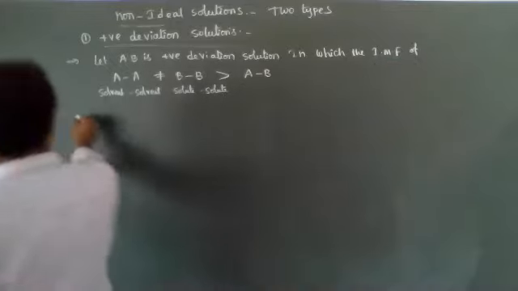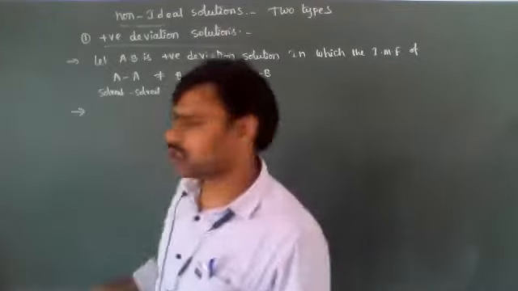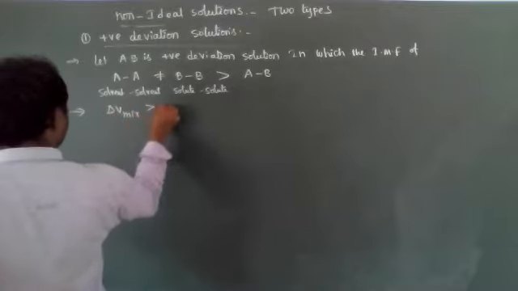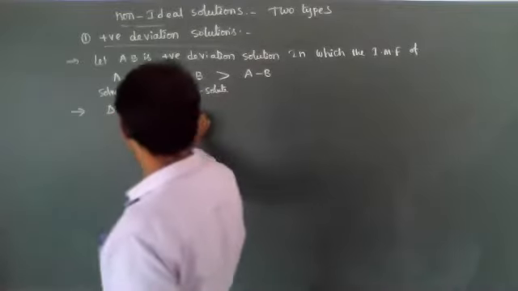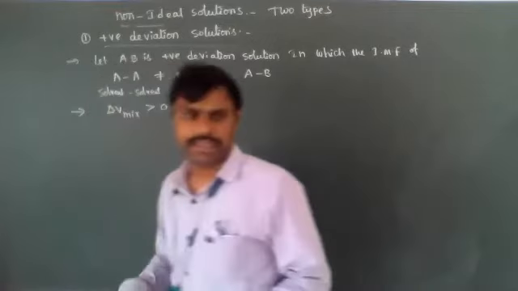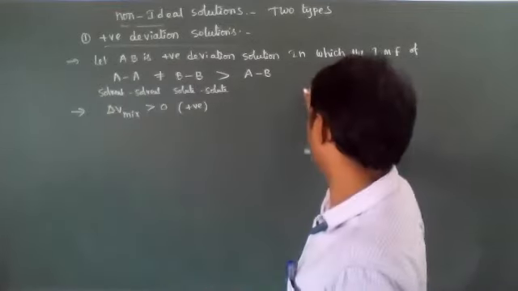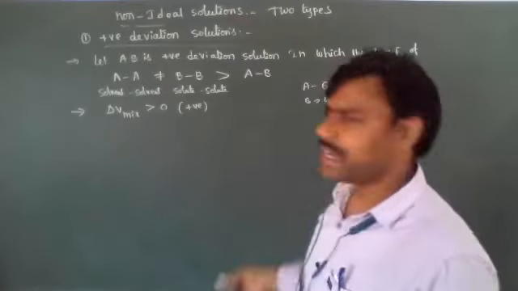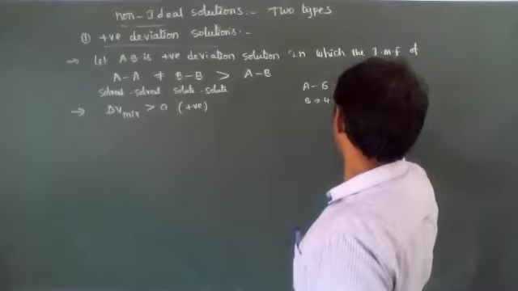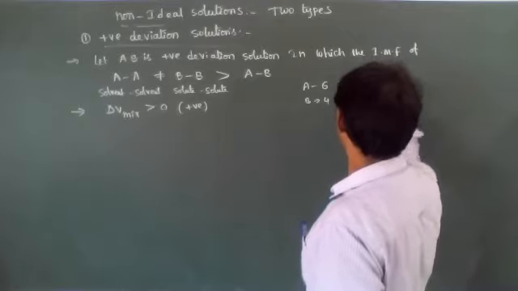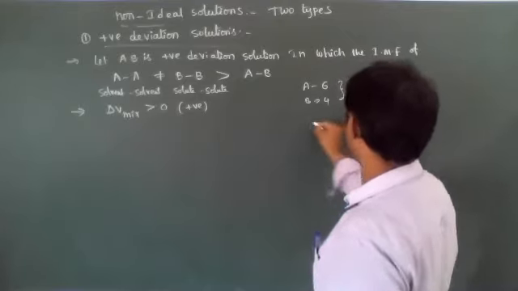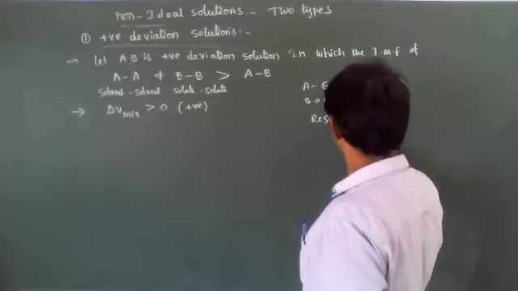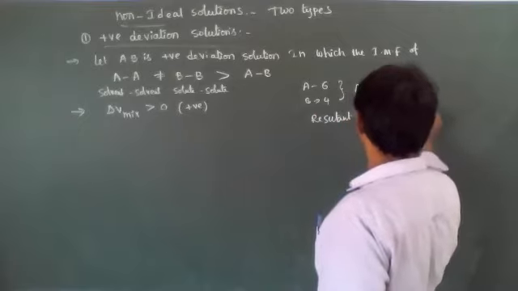In positive deviation solutions, the resultant volume delta V mixture is more than 0, which means the resultant volume will increase. For example, you are taking A as 6 ml and B as 4 ml, but AB is a positive deviation solution, then the resultant volume will be more than 10 ml.